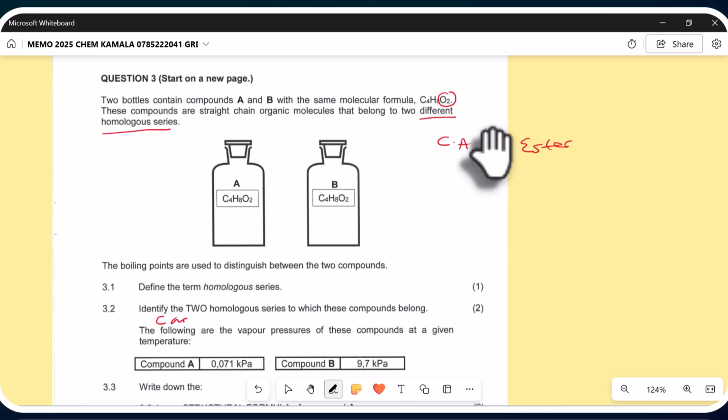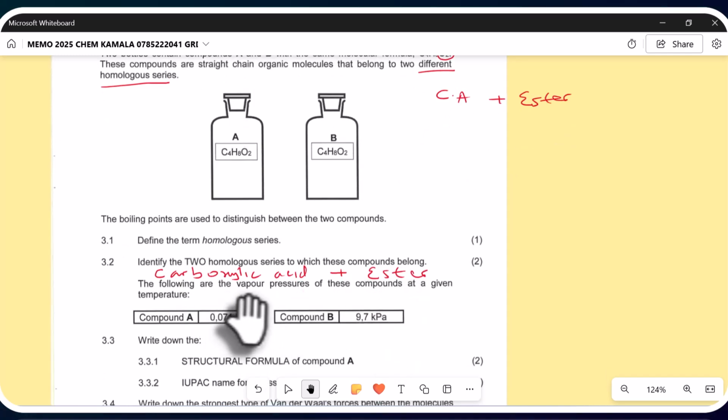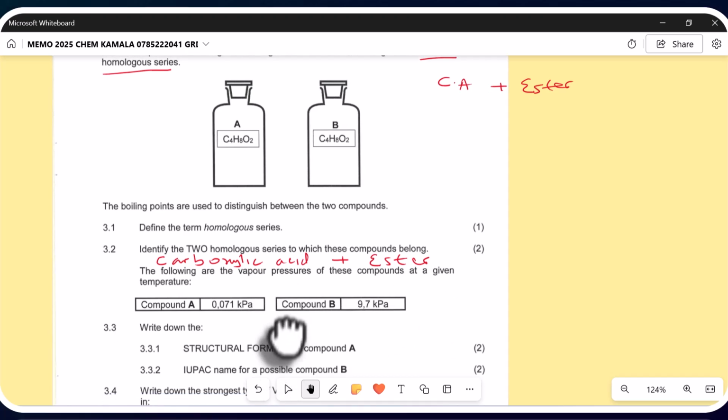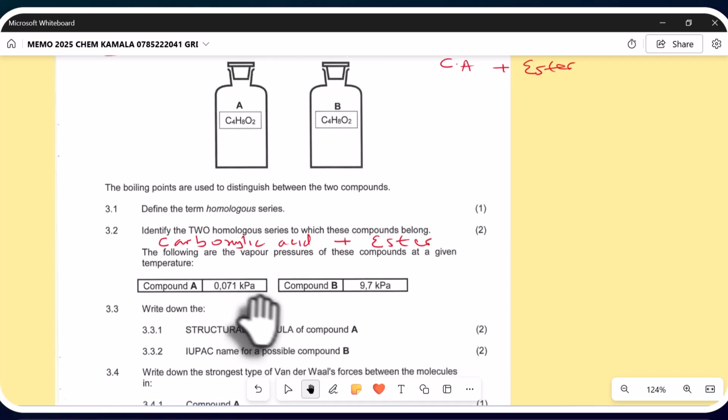Because compound A has a lower vapor pressure than compound B, from common sense, compound A must be having a higher boiling point than compound B. Are we together?